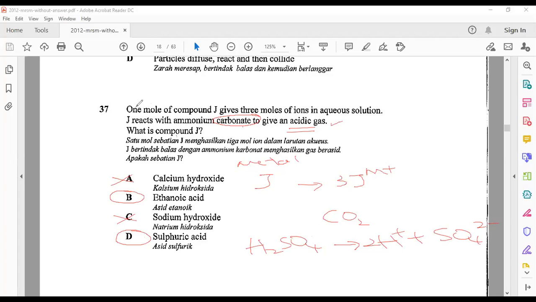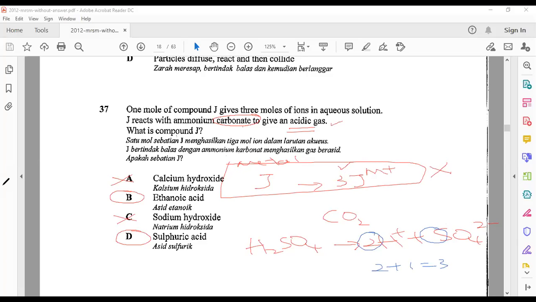When you want to read the question, you read from top to bottom first. Don't do like what I did just now. You see, I talked about this, okay? Actually, the 3 moles, how to get the 3? This is wrong. They want it to be like this. Can you see a 2 and a 1? So 2 plus 1, you are getting the 3. So this is the meaning, okay?